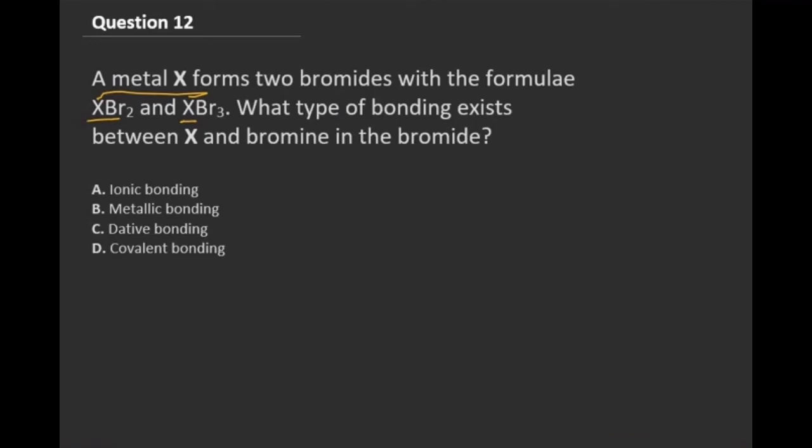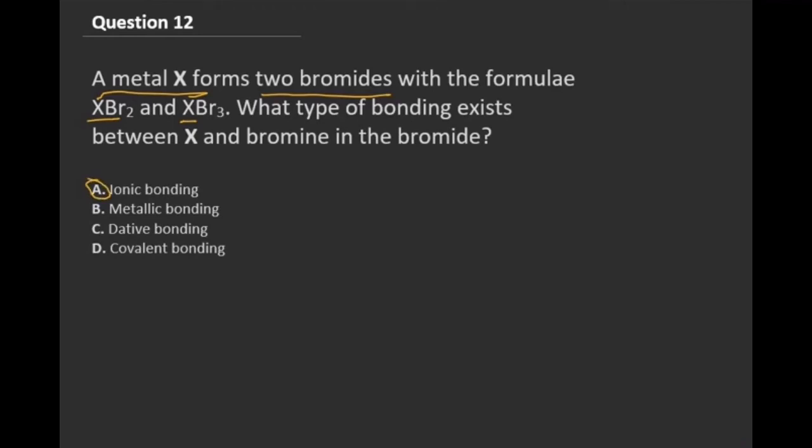And of course, we know that the bromides are non-metals. So a reaction or a bond between a metal and a non-metal is usually classified as an ionic bond, which is also known as electrovalent bond.